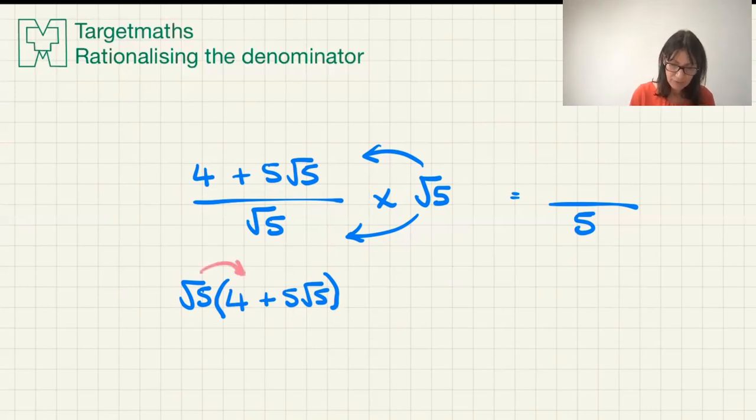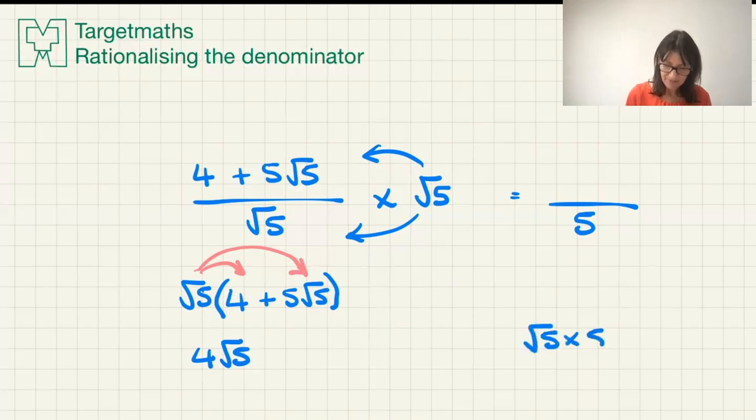So root 5 times 4 is 4 root 5. And then we've got root 5 times 5 root 5. I'm writing it down because I want to see it.